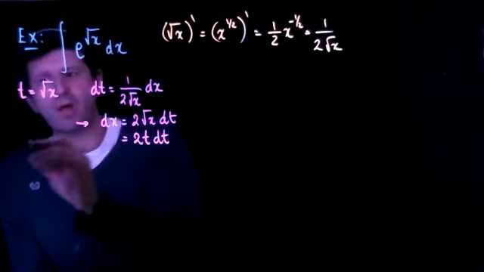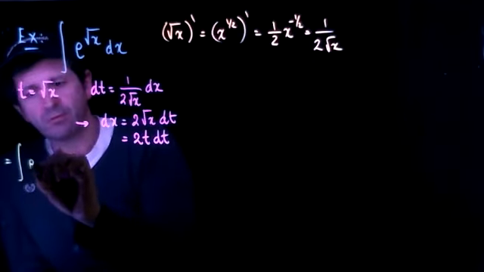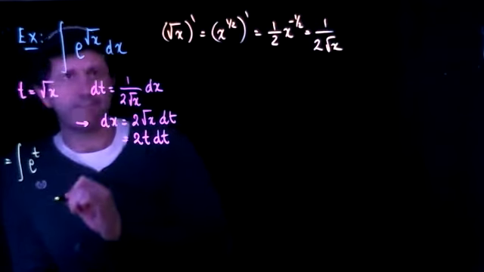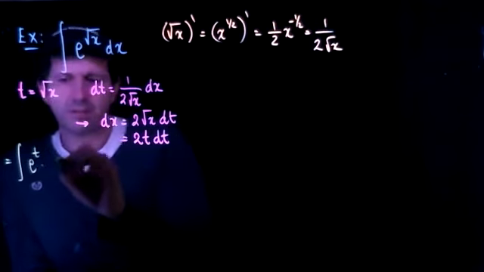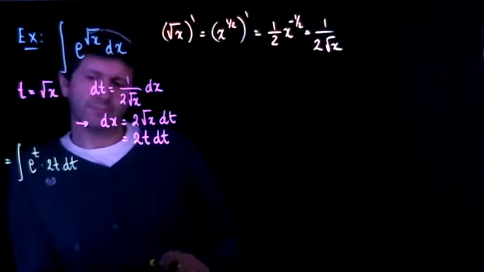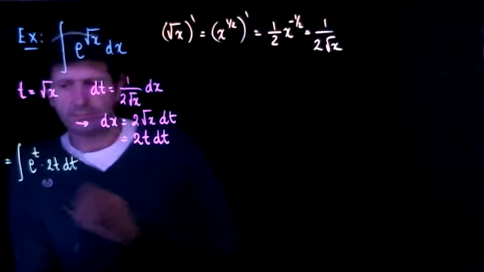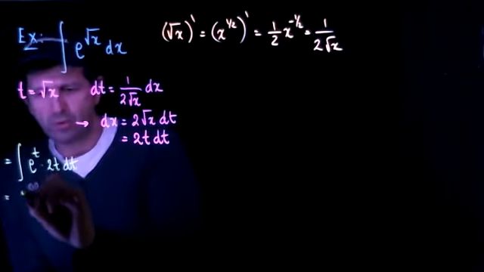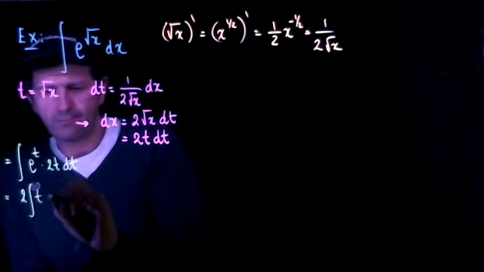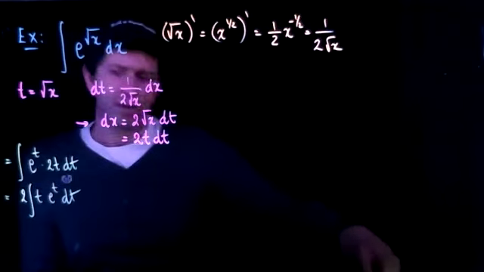And now I'm going to rewrite this integral. The integral of e power root x, which is t, times dx, which is 2t dt. Which I could do by parts now. So I'll just pull out the 2 in front. E to the t, t e to the t.